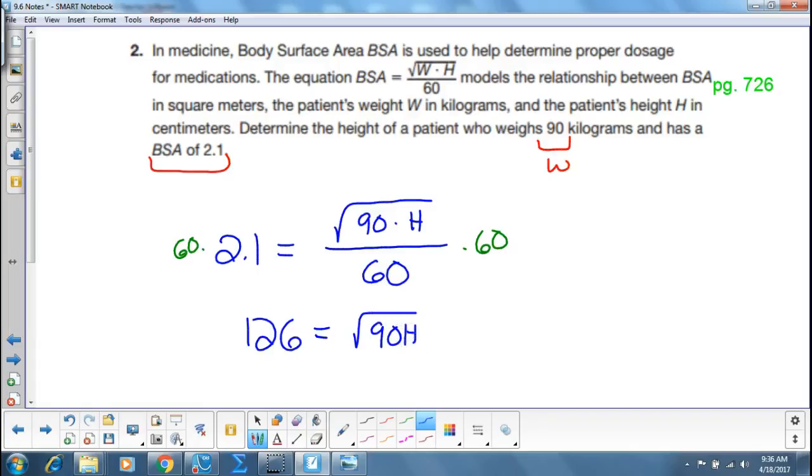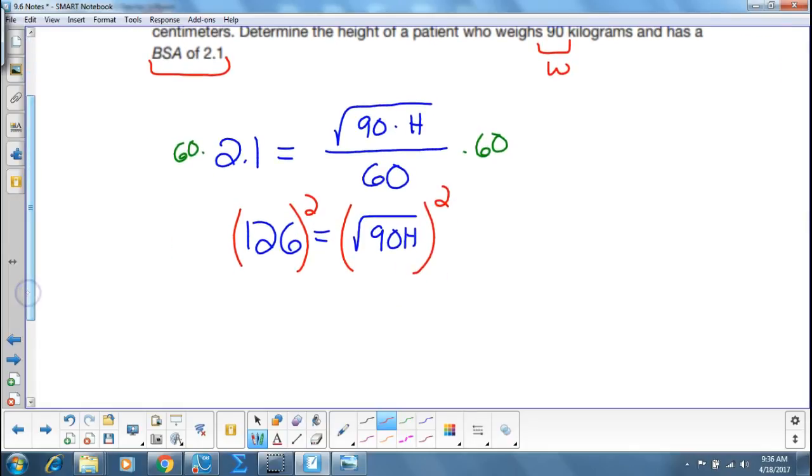Then square both sides. So what's the square of 126? 15,876 equals 90H.